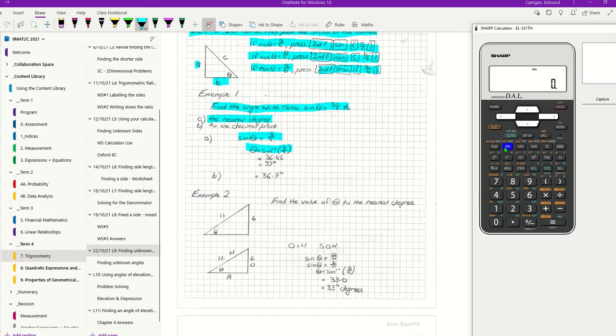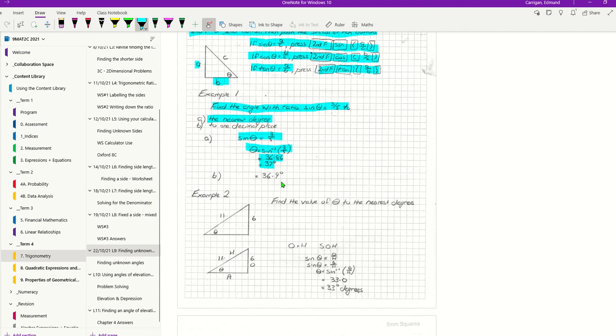We've got second function here, which brings up the sine minus 1. On this calculator I don't need to put brackets in, but it's good practice, so I'm going to put in 3, and to begin with I'm going to put that in as a fraction: 3 over 5. Then I'm going to close my bracket and press equals. That gives me 38.869. To give that to the nearest degree, I look at the place after the units, the one after, and it's an 8. I'm going to round up to 39 degrees.